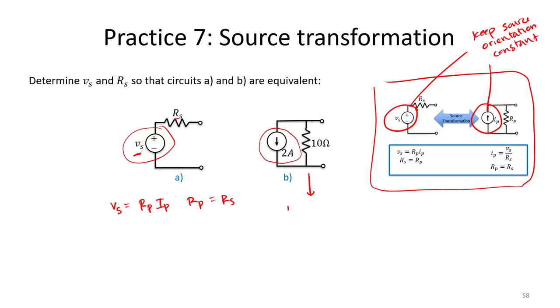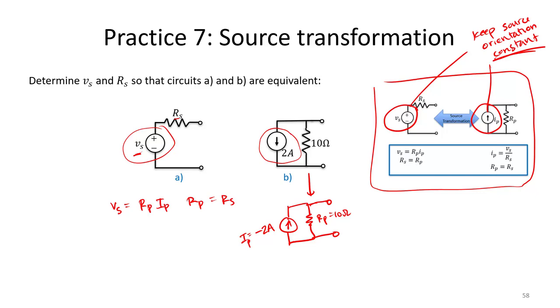So we could redraw our circuit B as having our current source going in the upward direction. But notice our current, if we flip the direction, this will be a negative 2 amp upward current. So make sure you keep the source orientation constant here.